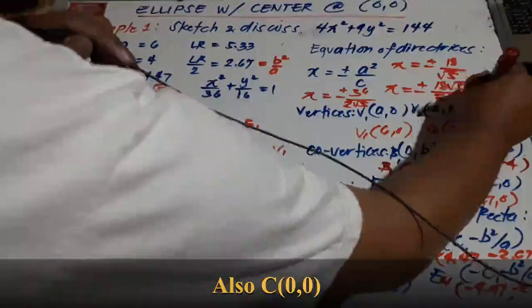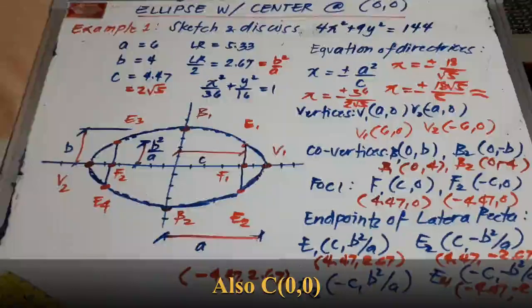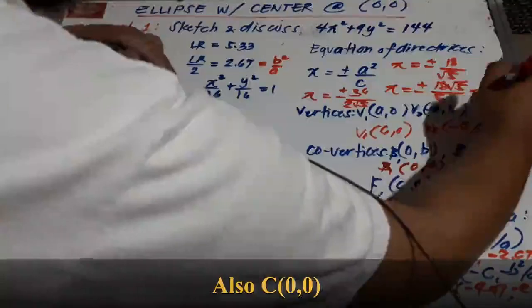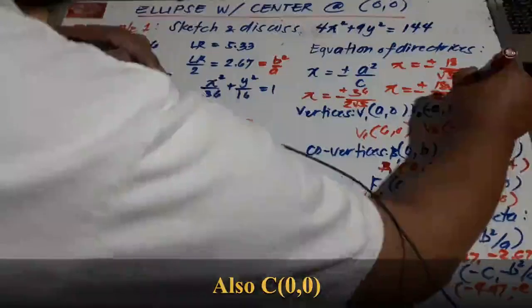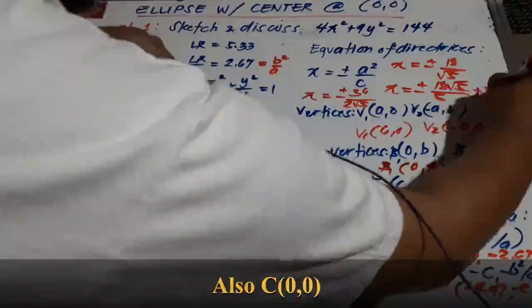In decimal, that is equal to, check natin, 18 square root of 5 divided by 5. That is equal to plus or minus 8.05.